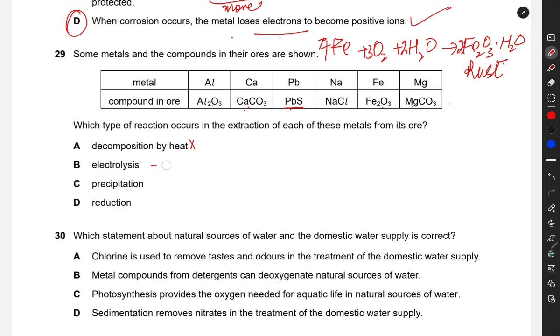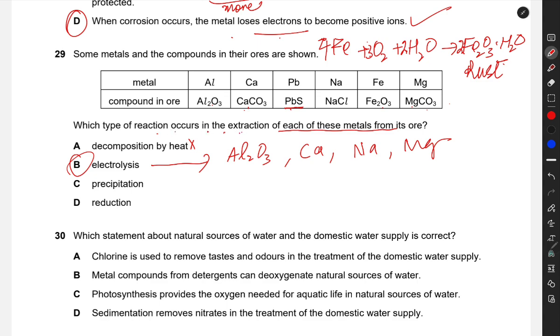Electrolysis: aluminum oxide, Al2O3, calcium, sodium and magnesium. So B option is... This aluminum oxide is the best option. So let's check this question again.